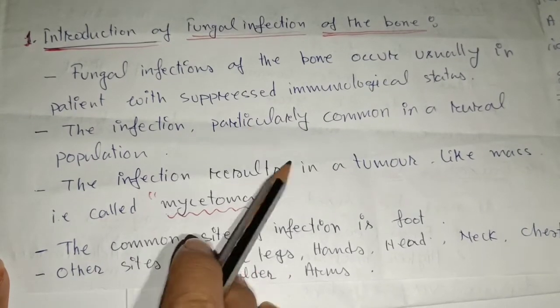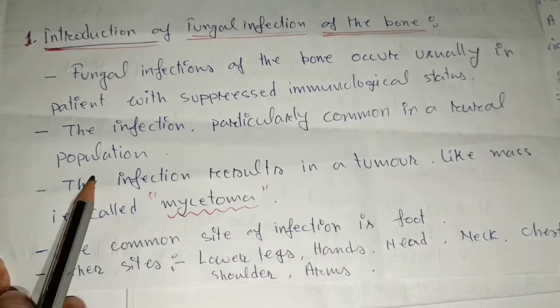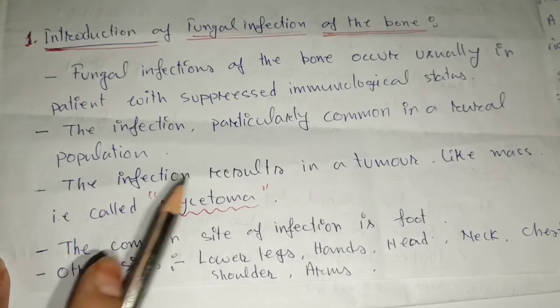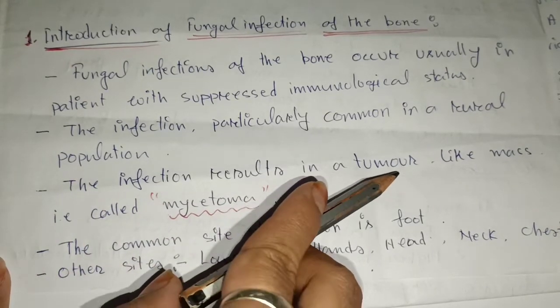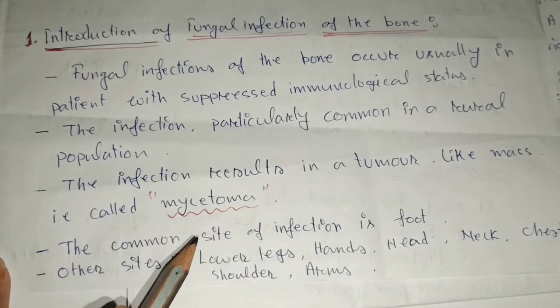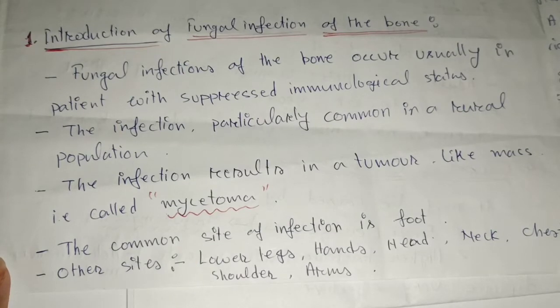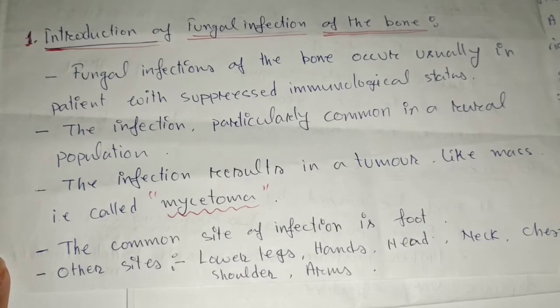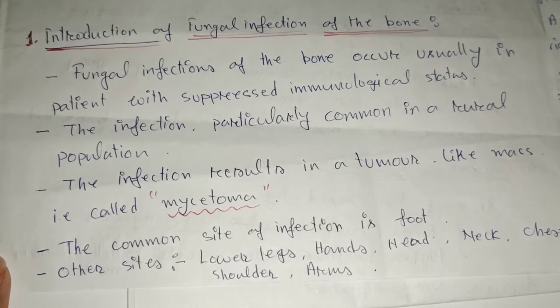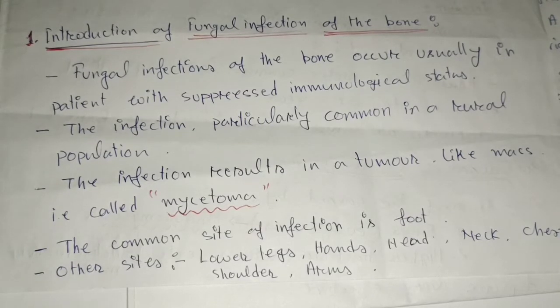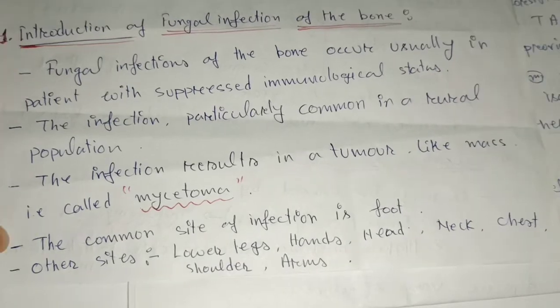The infection is particularly common in the rural population, and the infection results in a tumor-like mass that is called mycetoma. So basically, when the fungus infects our bones, it results in the formation of a tumor-like mass that is called a mycetoma.